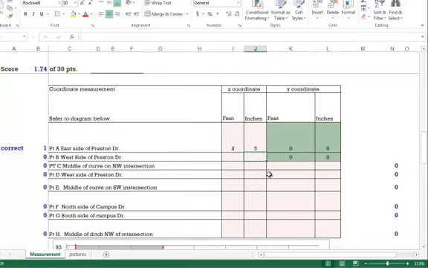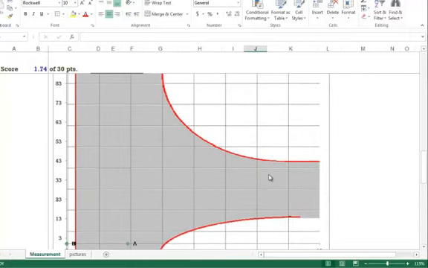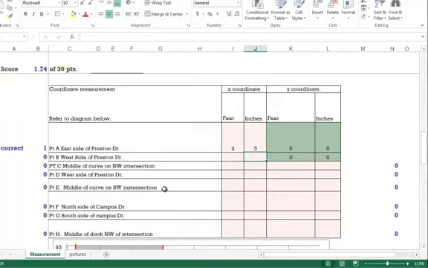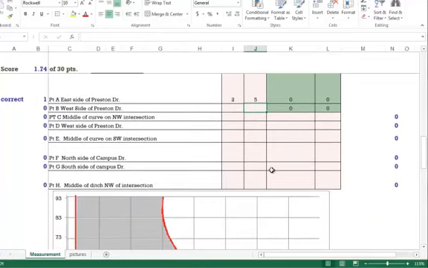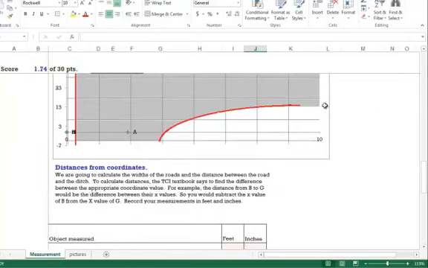When you get done, each one of those points should appear on the correct spot on this graph. When you get all of the points in, you should be able to see the outline of the road here, and they should all match up correctly. So you'll have to give that a shot and see how you do.